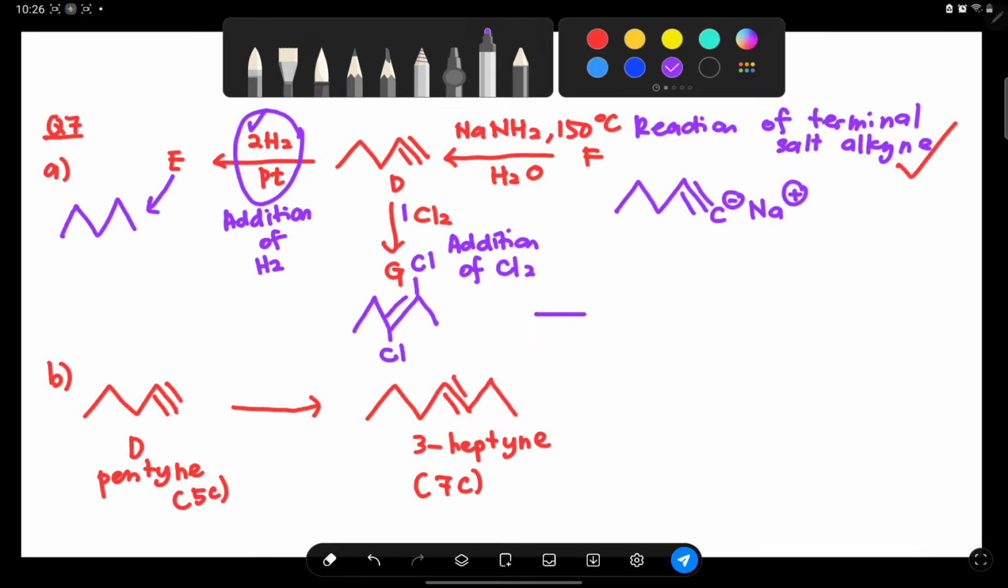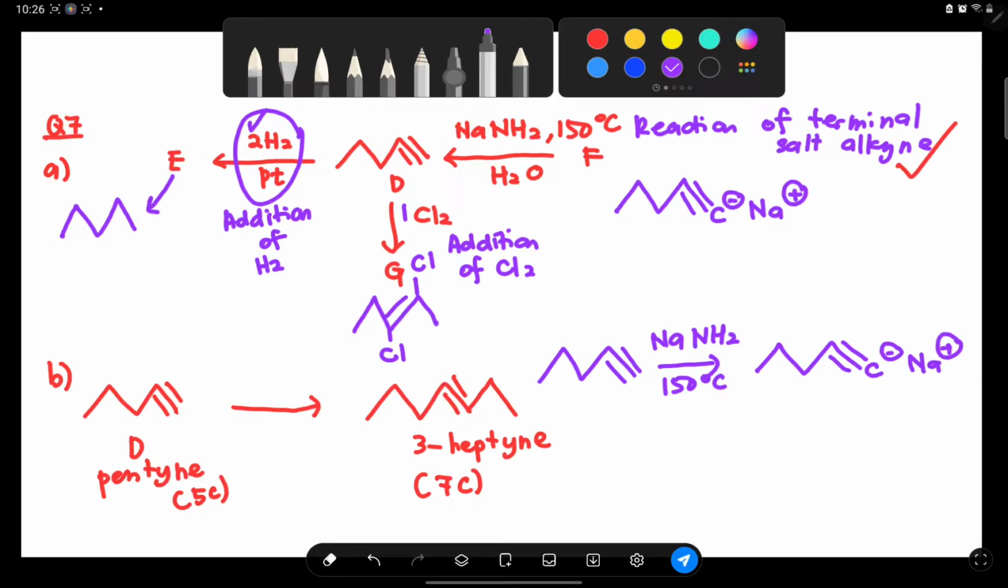So you can start like this for B. First you react with NaNH2, the temperature is 150 degrees C. Then you get the salt.